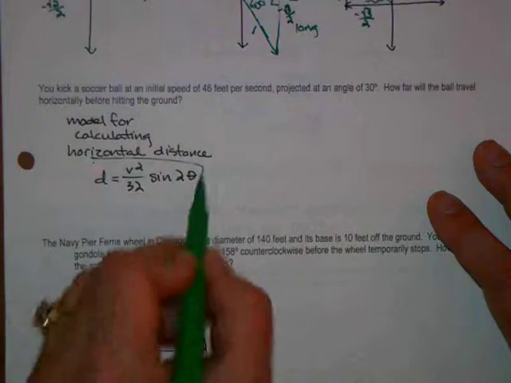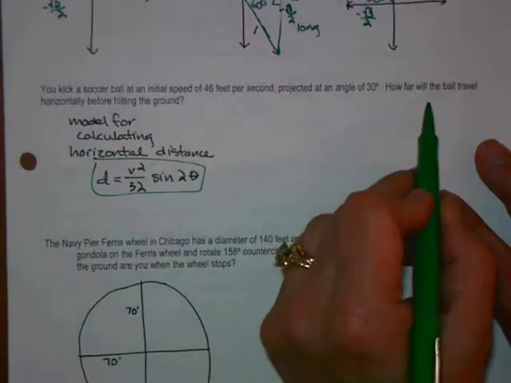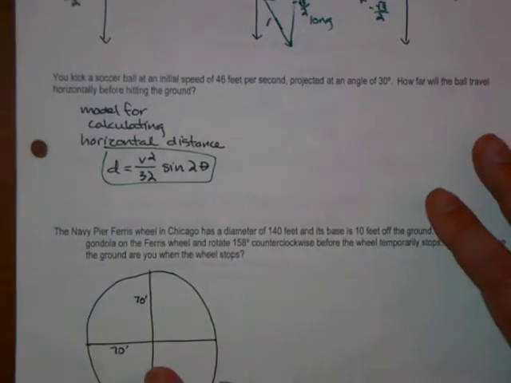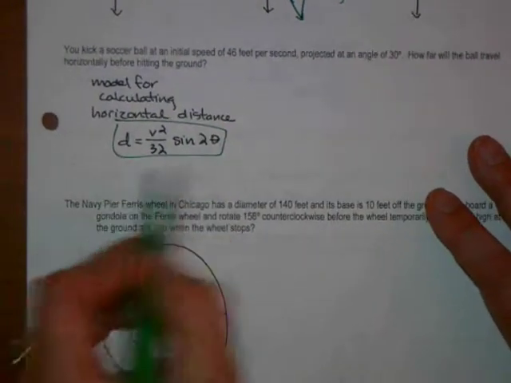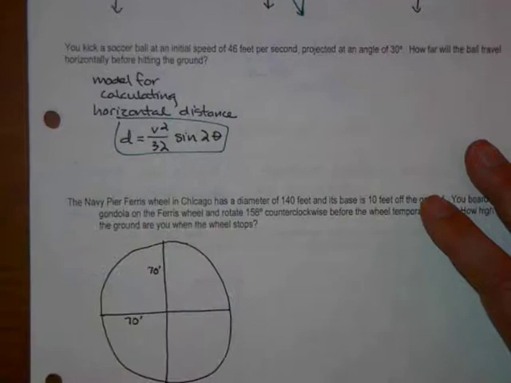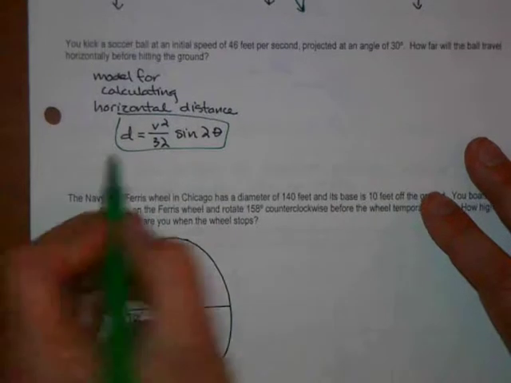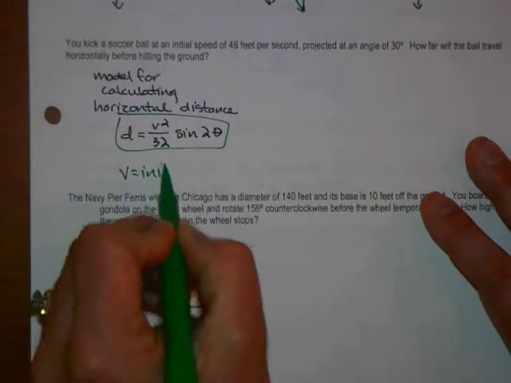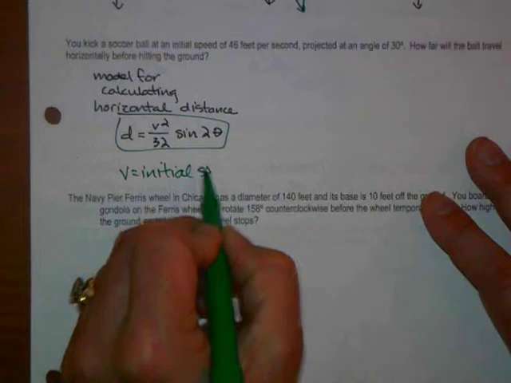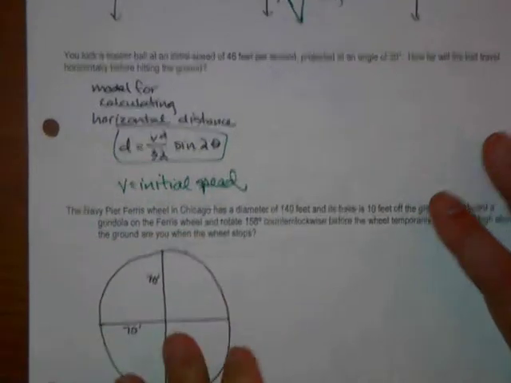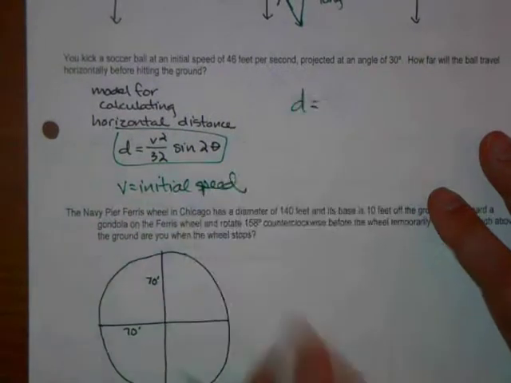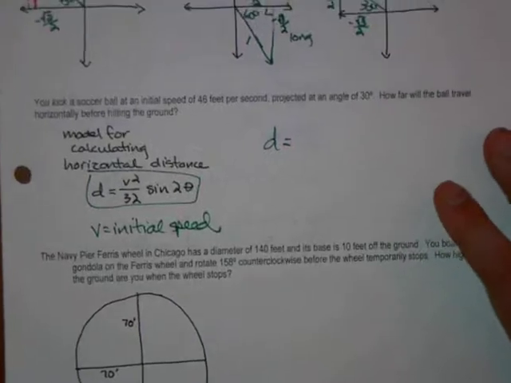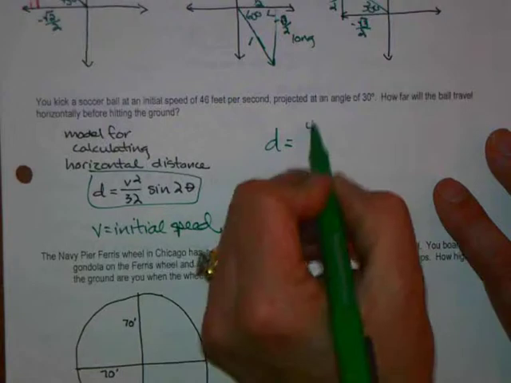You do not need to memorize this. How far will the ball travel horizontally before hitting the ground? So this is the model that you use for calculating horizontal distance. Okay? V is your initial speed. So if I'm going to plug in what they gave me, what's my initial speed? 46.